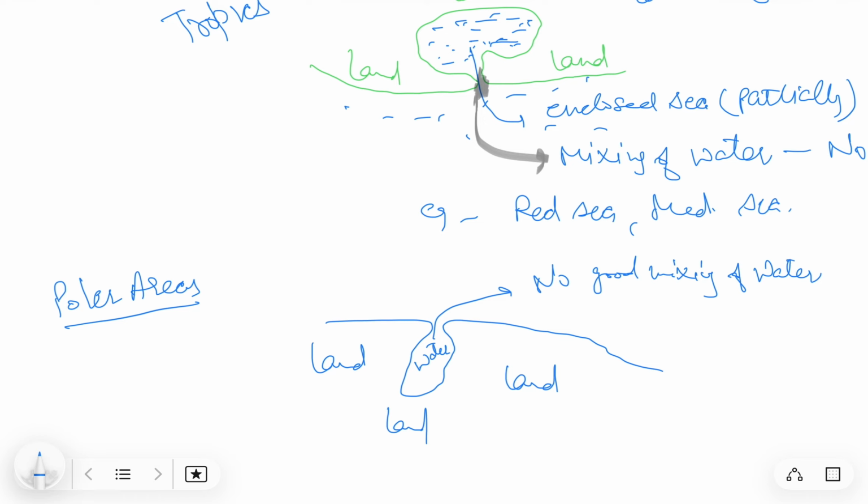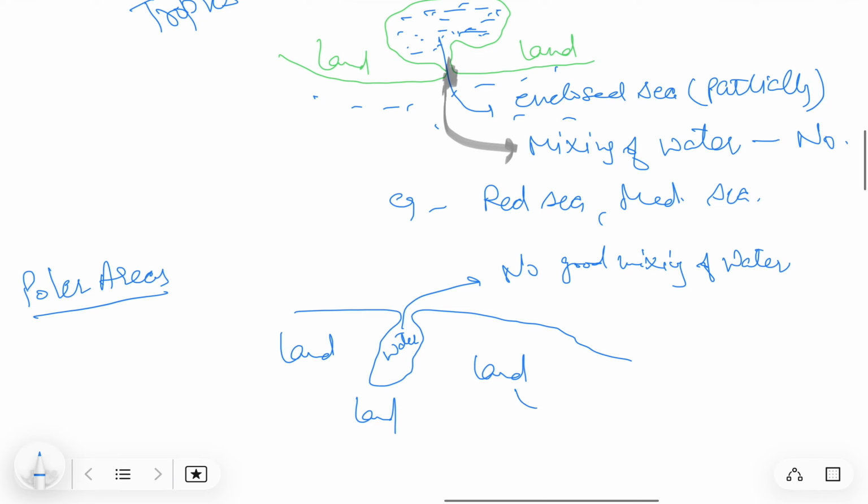The oceanic currents will not form here, and if they form, they will be little and will not mix up with the surrounding water. Here the lands have a low temperature as compared to the oceans, because land will get cooled first, and it will also affect the surrounding area. The water of the enclosed sea here will not mix up with the surrounding water. So this also affects the distribution of the temperature.